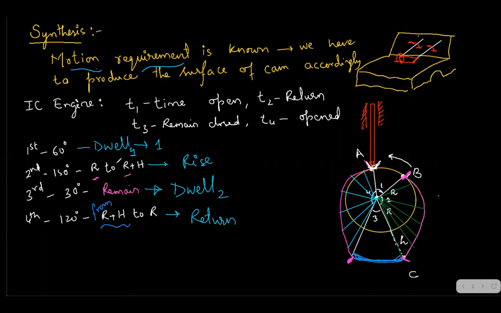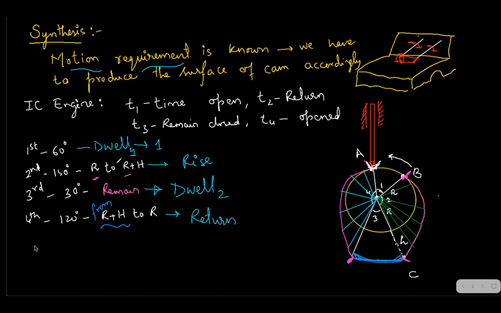As I told, we can have this curvature also, till here we can have this curvature also. Depending on the requirement of motion, we are going to decide what type of surface to choose. There are different types of motions based on which we select the surface. About those motions, in the coming lectures you will come to know.